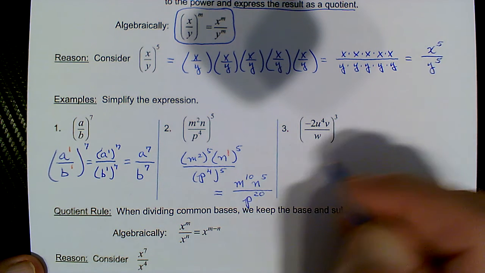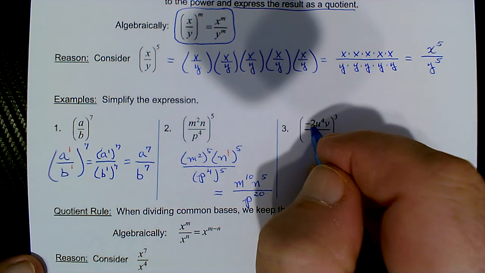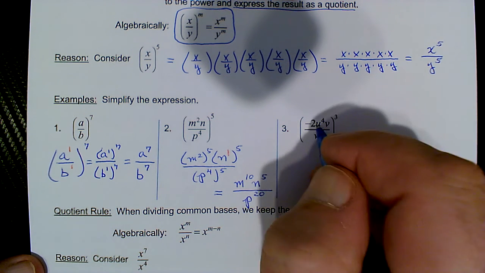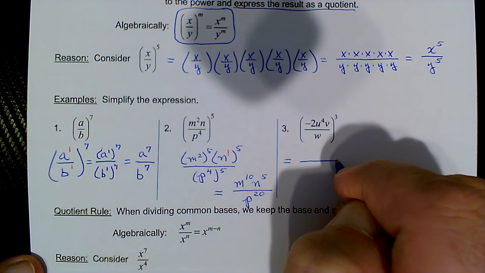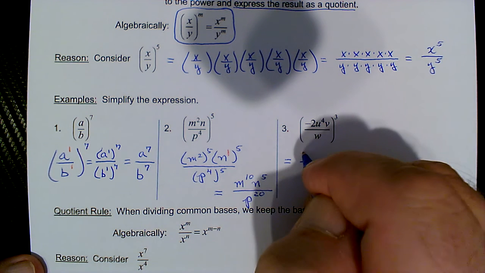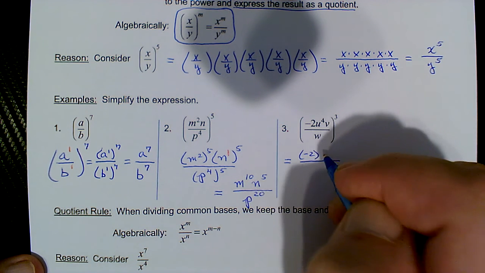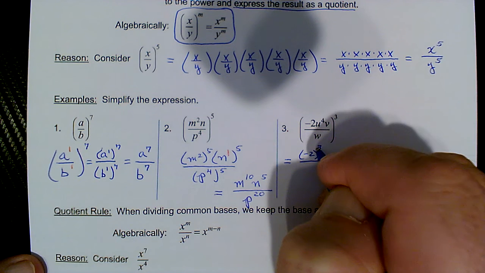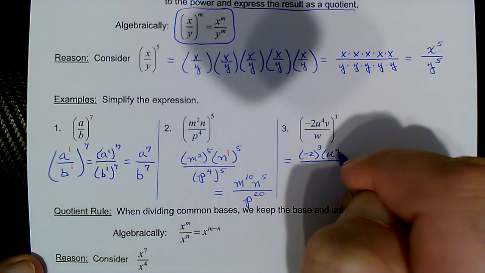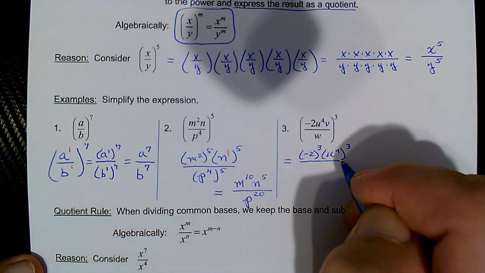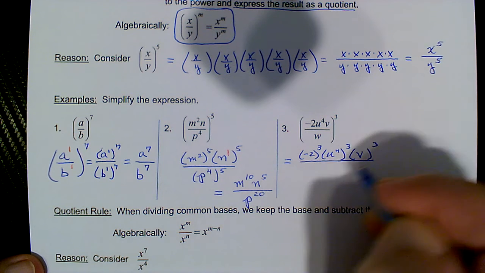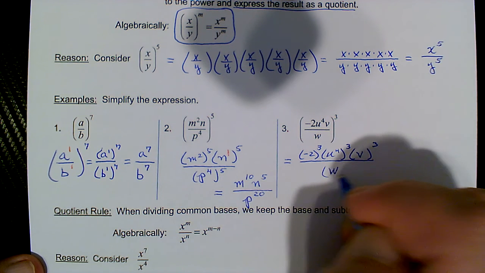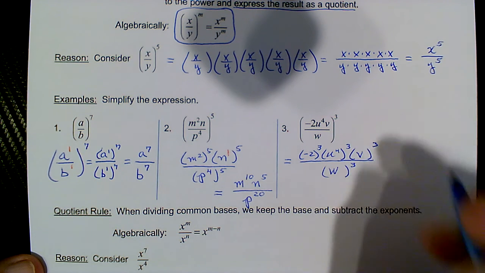Here we have coefficients as well, but once again, every factor that's in parentheses is going to be raised to that power, and we keep it as a quotient. So showing it formally, -2 gets raised to the 3rd, u to the 4th gets raised to the 3rd, v gets raised to the 3rd, and w gets raised to the 3rd.